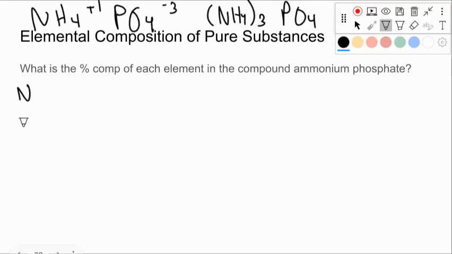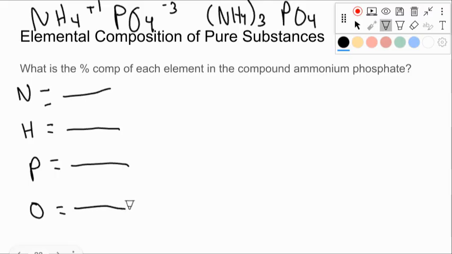I have N, I have H, P, and O. So what I do is I typically get everything set up because I'm going to create a ratio with each of these. And then I fill in my top information, and I come back in and fill in my bottom information.